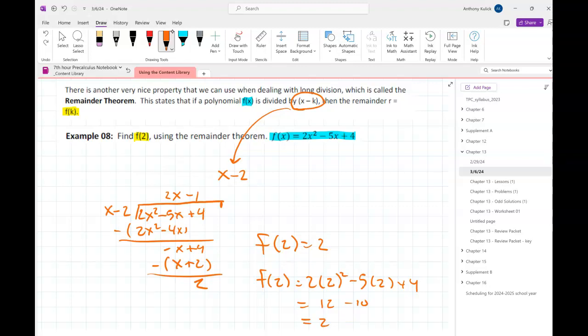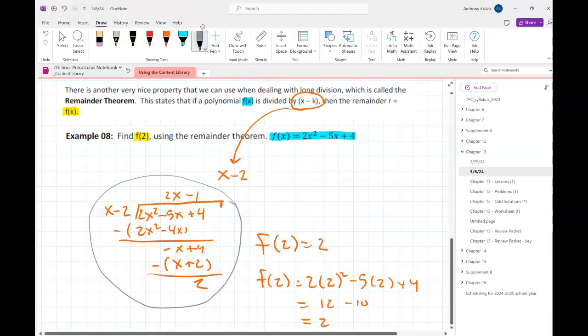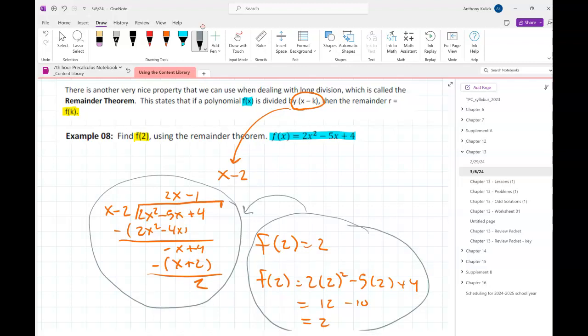Now, this is typically a lot more work than doing this, right? Ideally, we'd like to use the remainder theorem to go that way and somehow use substitution to replace division. Everybody agree with that? That seems like a much better deal to me. You guys agree?